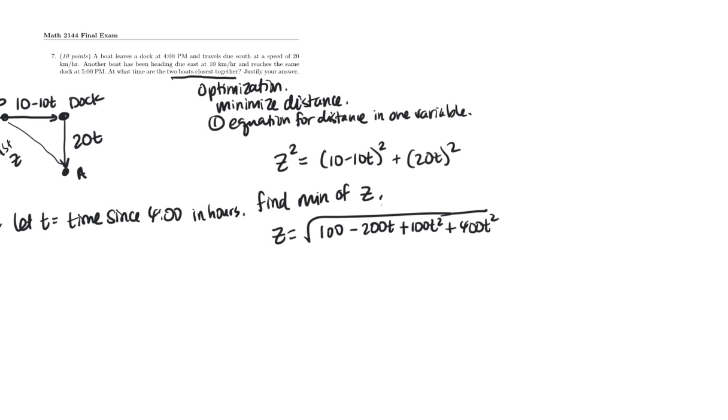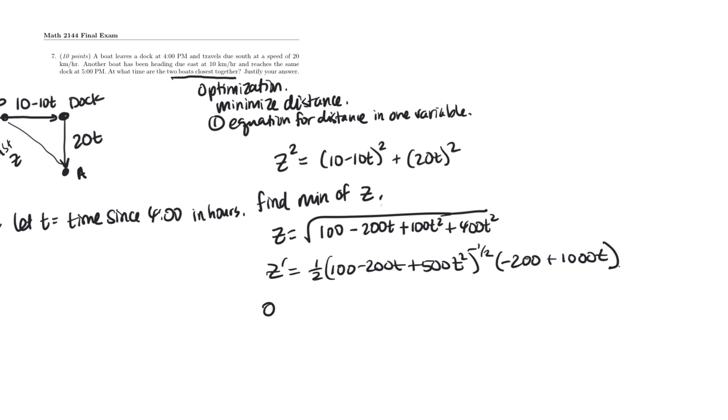Okay, and so if I want to find the derivative of z, z prime is going to be 1/2 times all of this, 100 minus 200t plus 500t squared, to the negative 1/2, and then times the derivative of the inside, which will be negative 200 plus 1000t.